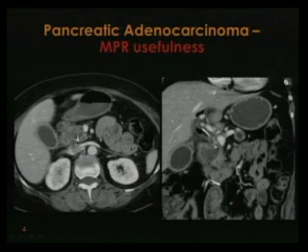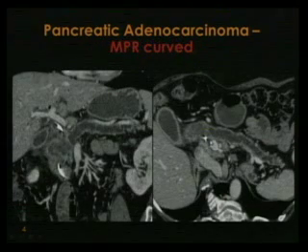But I suggest you use a curved reconstruction for the pancreas. Why? Because of the anatomic disposition of the pancreas, usually the tail is higher than the body and higher than the head and the uncinate process. That's why usually you don't have the whole pancreas in a couple of images. You have to go up and down.